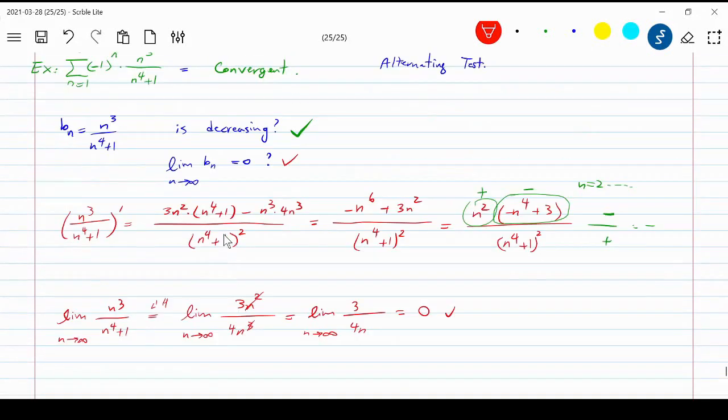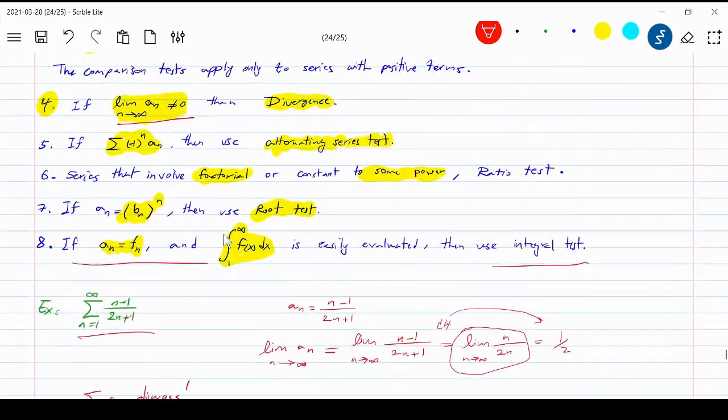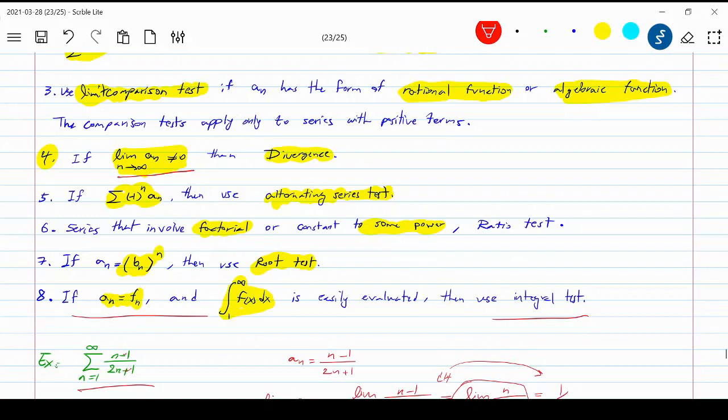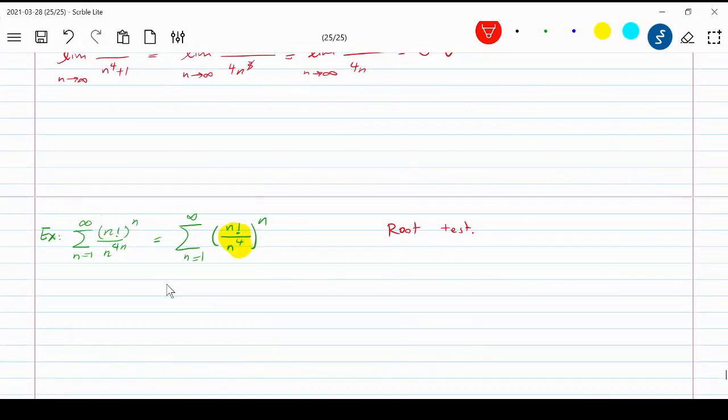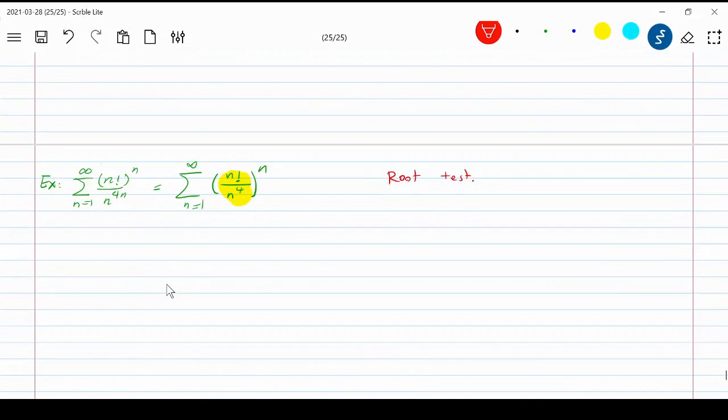I'm not saying that it always is going to work out, but most of the time that's the case, because you can write the a_n in terms of a sequence to the power n separately.